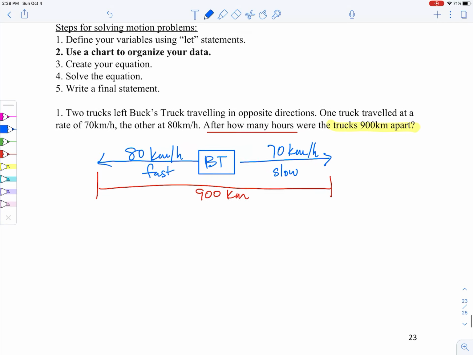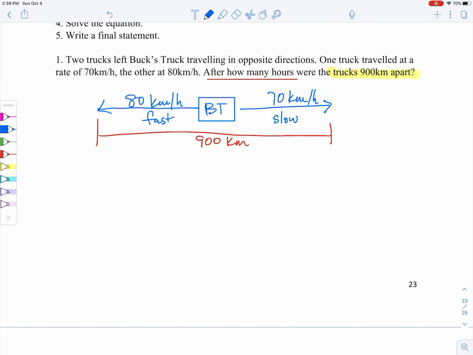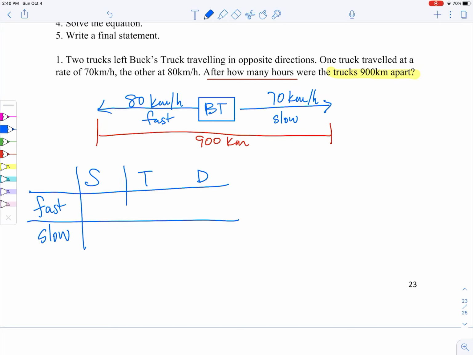So here's how I would build this in a table. I would have speed, time, and distance. I would have my fast and my slow in this case. We know that the speed of the fast truck is 80 kilometers an hour. The speed of the slow truck is 70. We don't know how long they traveled for.